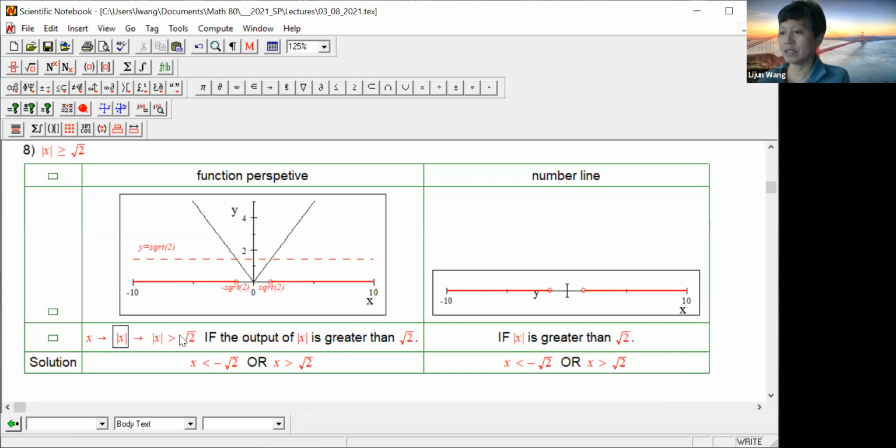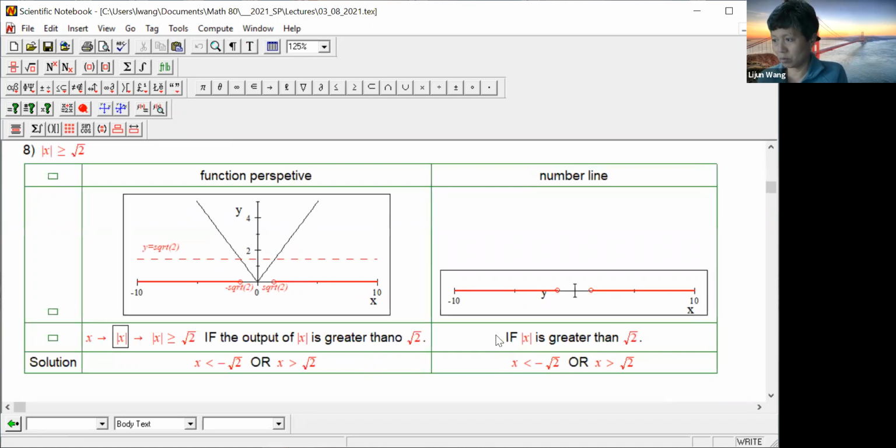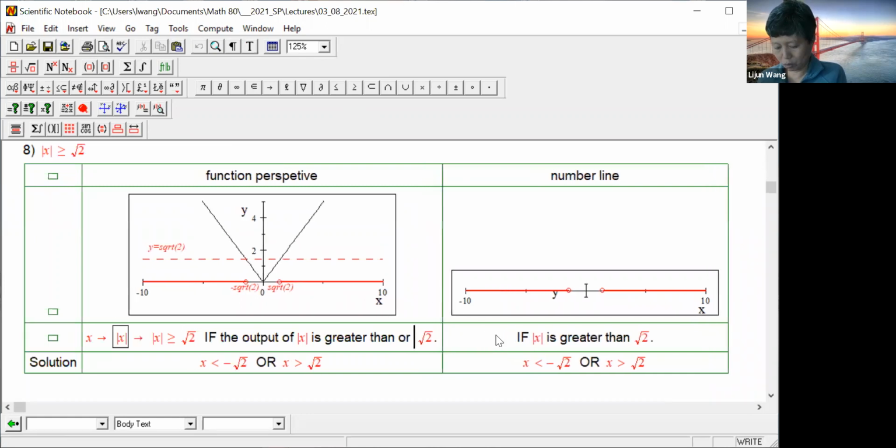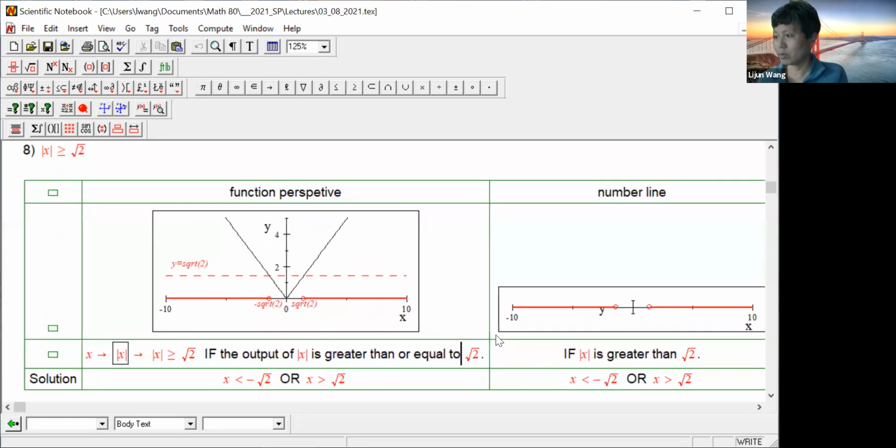Now I just need to change it to a dot. Greater than or equal to, right? You see, there's just a little change, but the ideas, the meanings don't change.